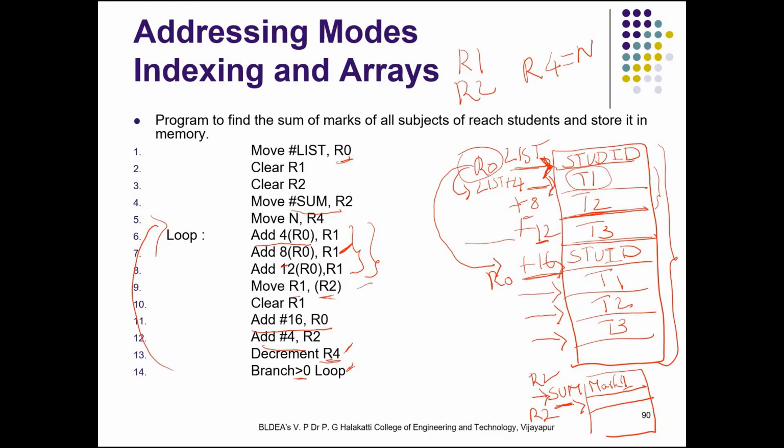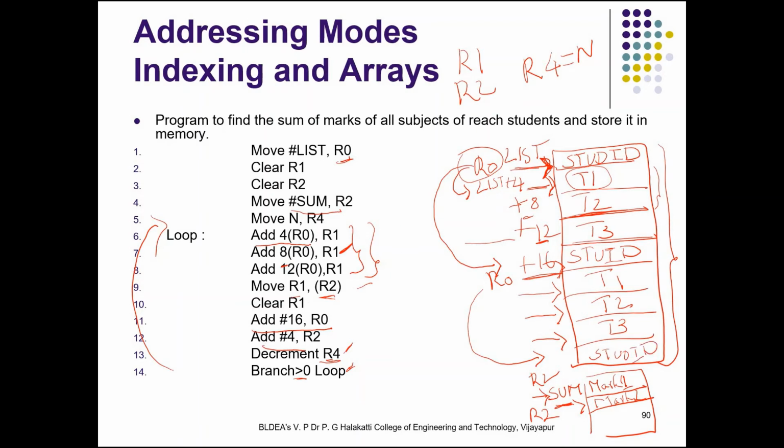Then we are going to store the value of the second student at the location pointed by R2. So marks 2, let it be the marks of student 2. Then I am clearing. Then again if I want to point to the next student, I have to change the value of R0 by 16 so that the next student marks can be added.